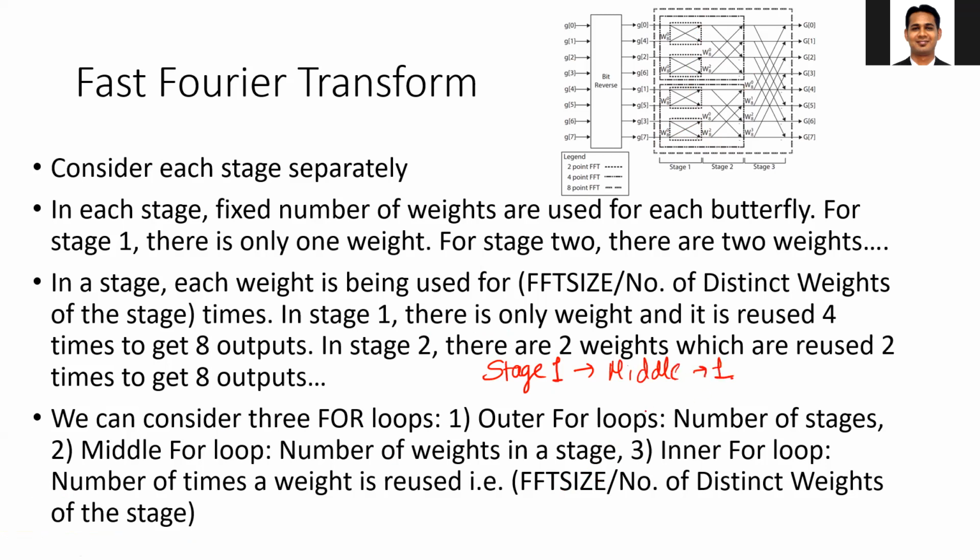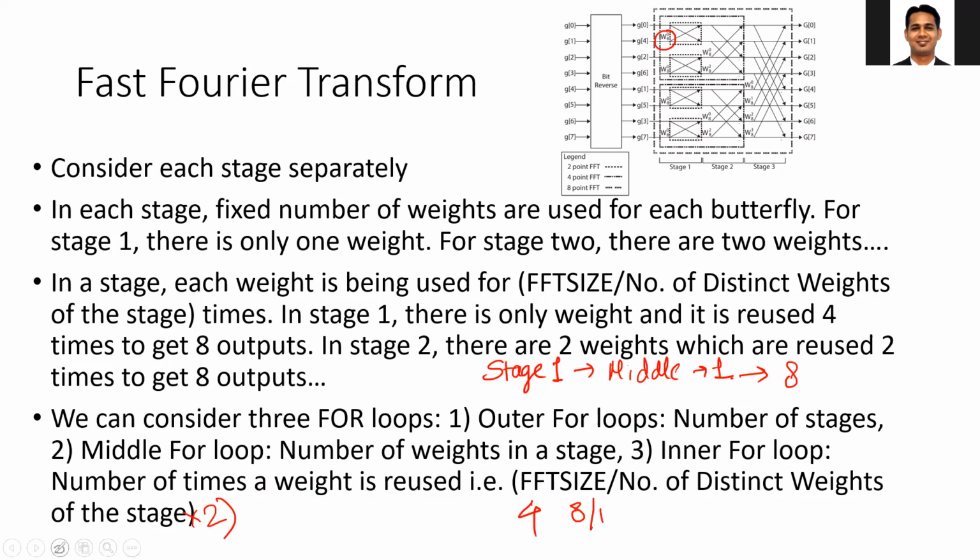And for the innermost loop, the number of iterations is the FFT size, that is 8, divided by the number of distinct weights, which is 1. So you have a total of 8 outputs. But now you can see that 1 weight affects 2 outputs, so you can reduce the number of iterations from the FFT size by a factor of 2. Instead of 8, you can have just 4 iterations.